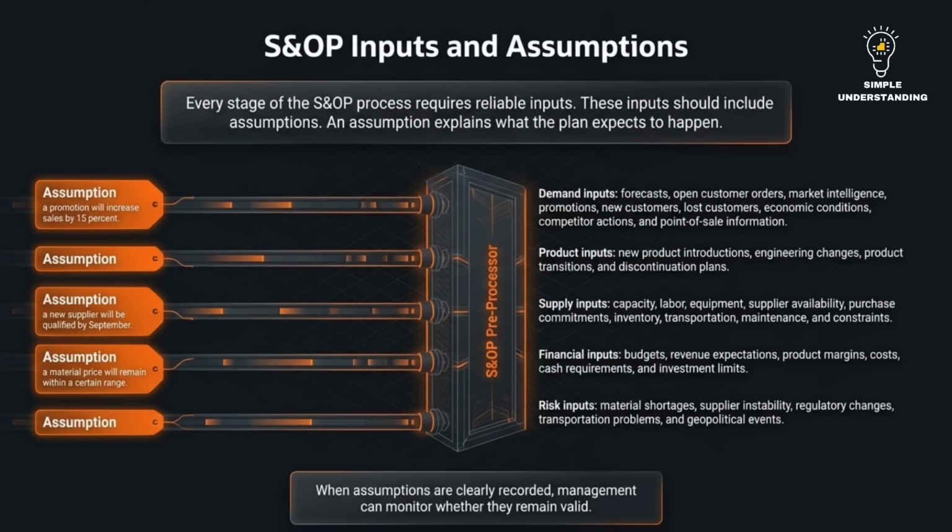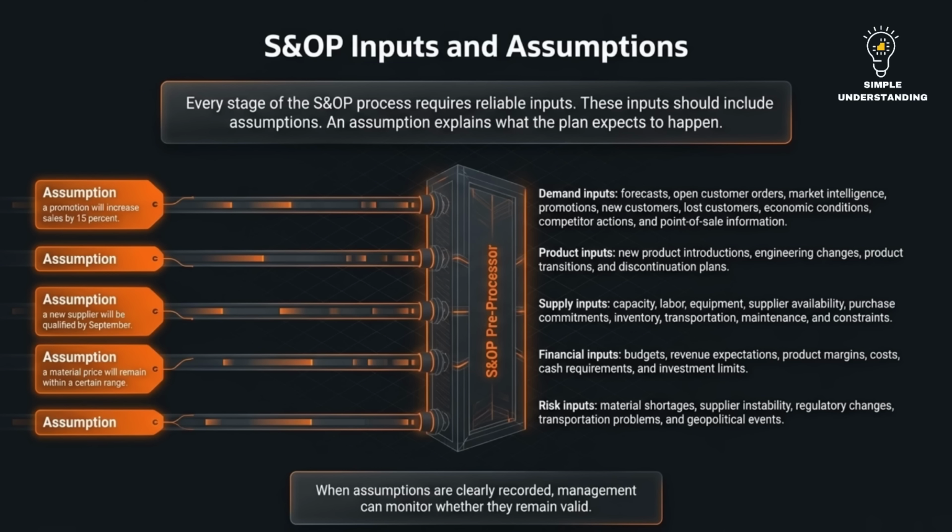Risk inputs may include material shortages, supplier instability, regulatory changes, transportation problems, and geopolitical events. These inputs should include assumptions. An assumption explains what the plan expects to happen. For example, a demand plan may assume that a promotion will increase sales by 15%. A supply plan may assume that a new supplier will be qualified by September.